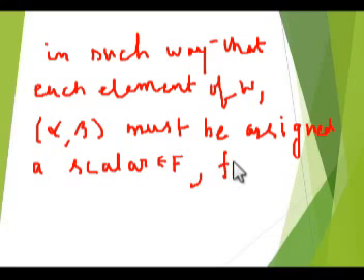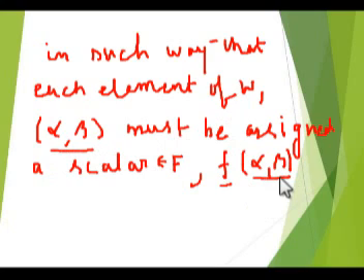F is the bilinear map of alpha, beta, so the function on the elements alpha, beta of W must be a scalar. For each element alpha, beta, the bilinear map assigns a scalar in F, so that these two conditions must be satisfied.